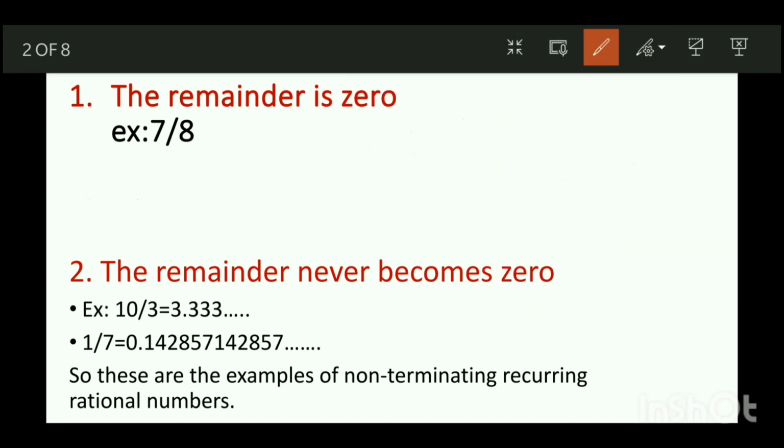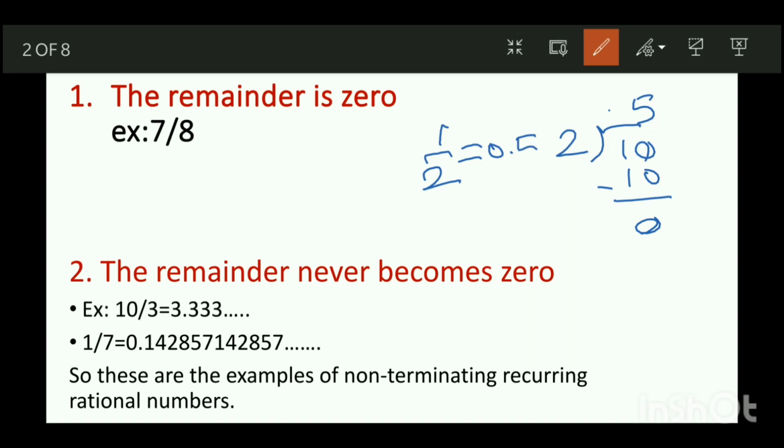Let's start. In the junior classes you have learned that a rational number 1 by 2 can be simply turned into decimal by dividing 1 by 2. 1 is less than 2, so we put a point and add 0. 2 5s are 10. We get remainder 0. So 1 by 2 is equal to 0.5, where the remainder is 0.